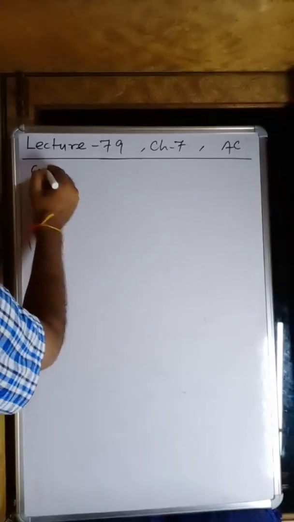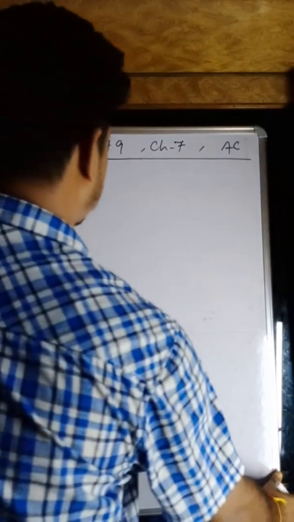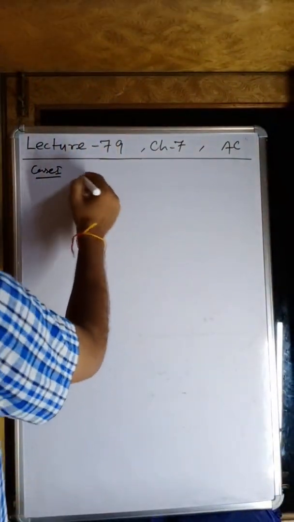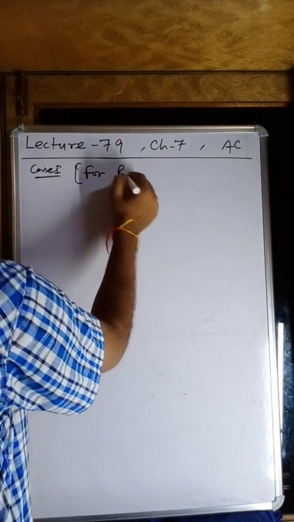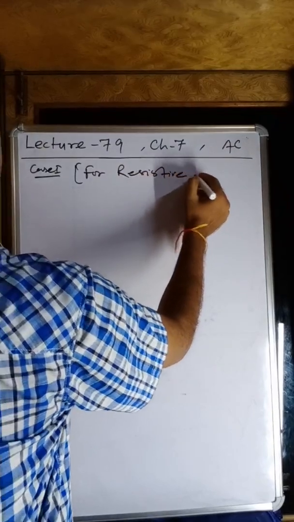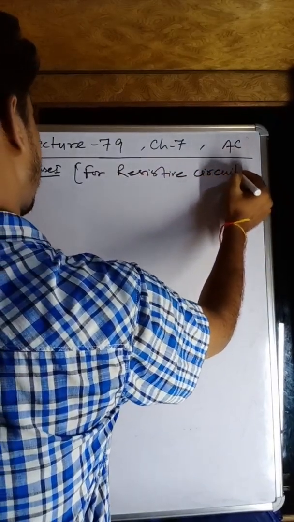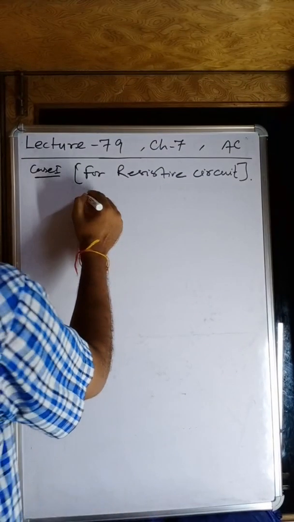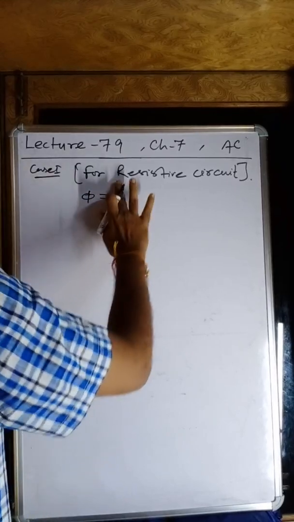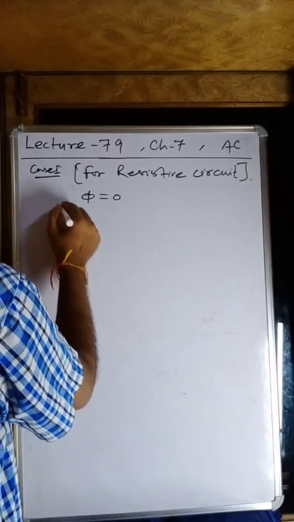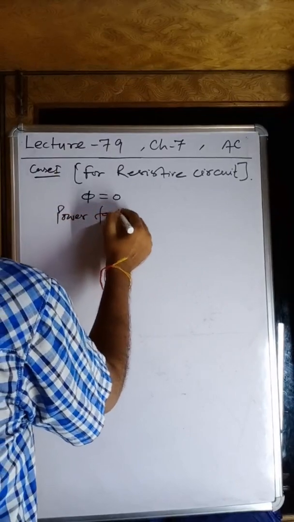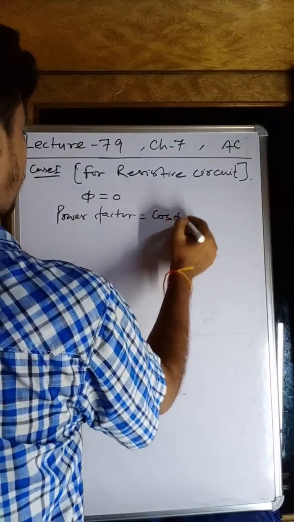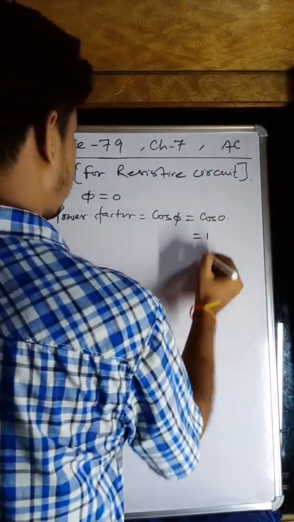So, case 1, if it is the case of a resistive circuit, my dear students, we know that the phase difference is 0 for a resistive circuit, and the power factor, that is cos phi, becomes cos 0, which is 1.